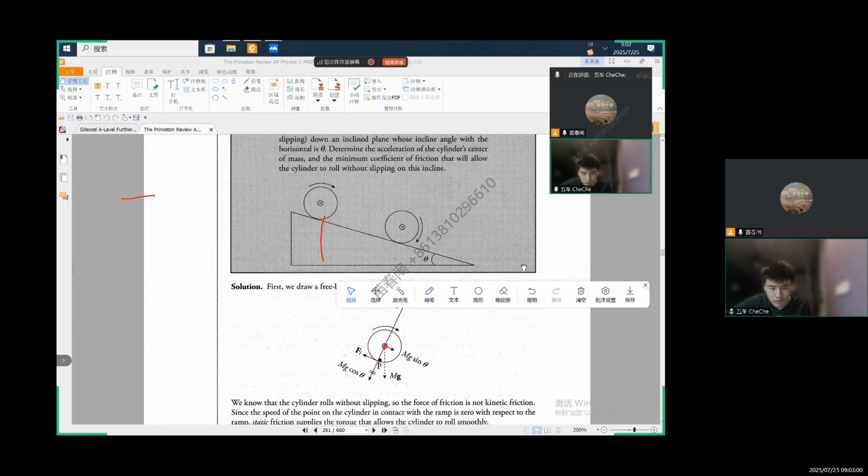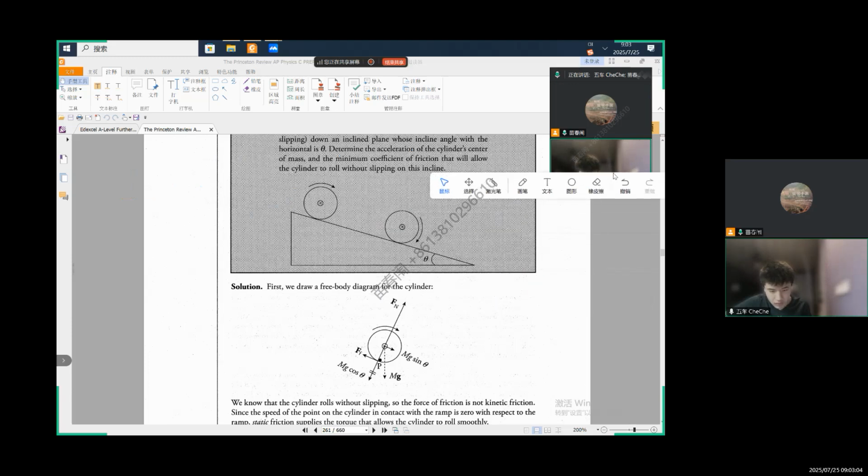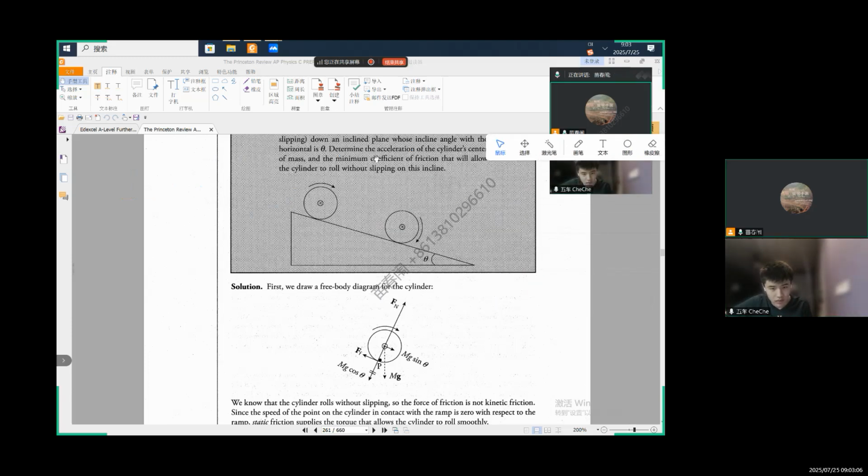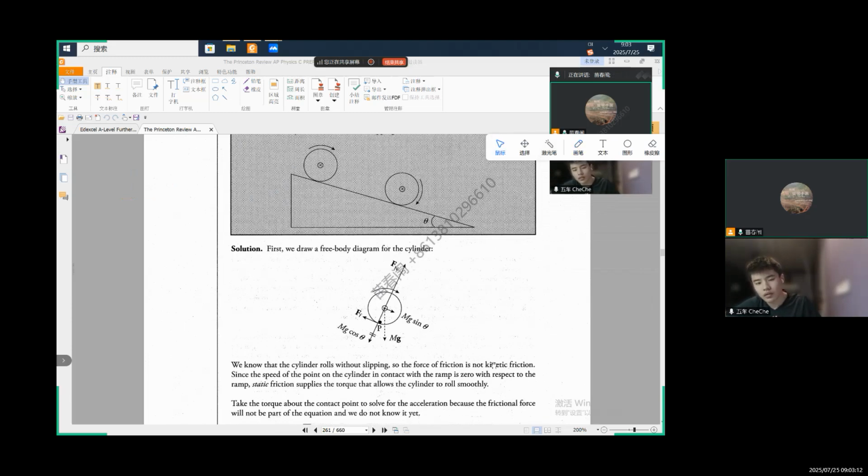So your way also kind of works, but it's confusing. Your way also works, but the textbook way is maybe easier. He wants to use your method first, and then he finds that this frictional force is not part of the equation, which means you can't really find it directly. So that's why we do not use that center point as the rotation pivot.